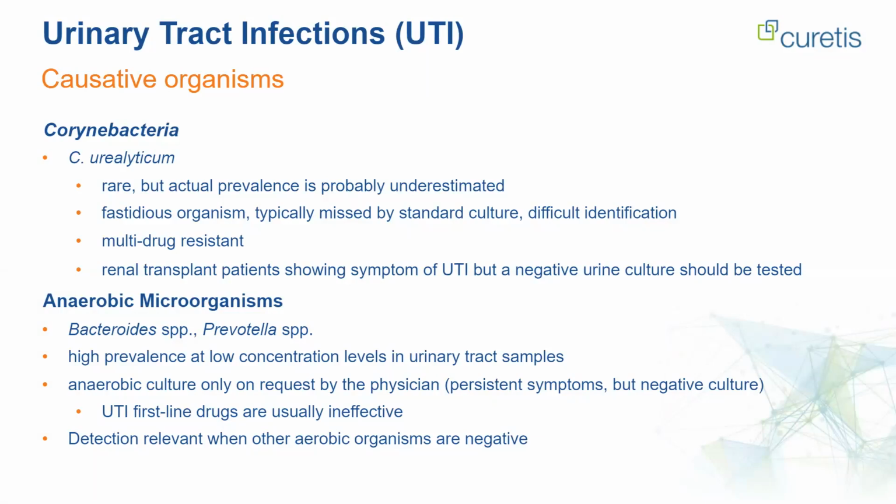When patients show persistent symptoms after taking the first-line drugs such as fosfomycin, nitrofurantoin, and trimethoprim-sulfamethoxazole, but the culture remains negative, the physicians would then need to request anaerobic culture.